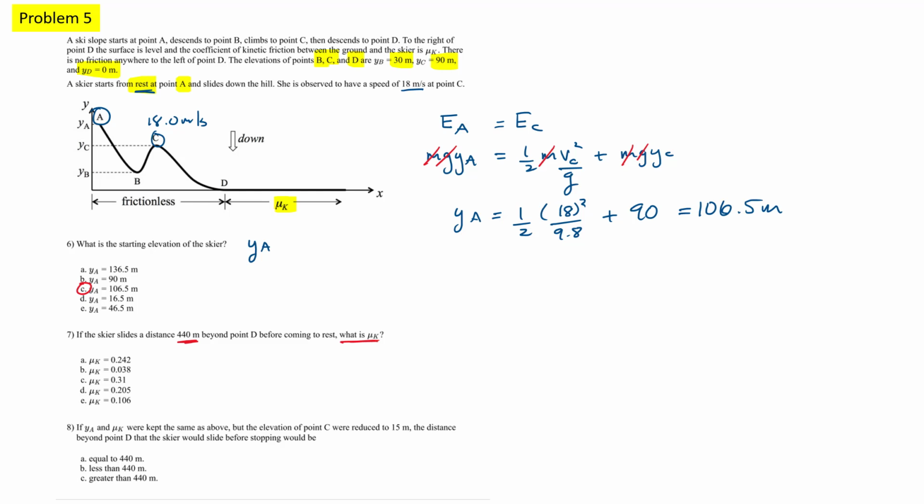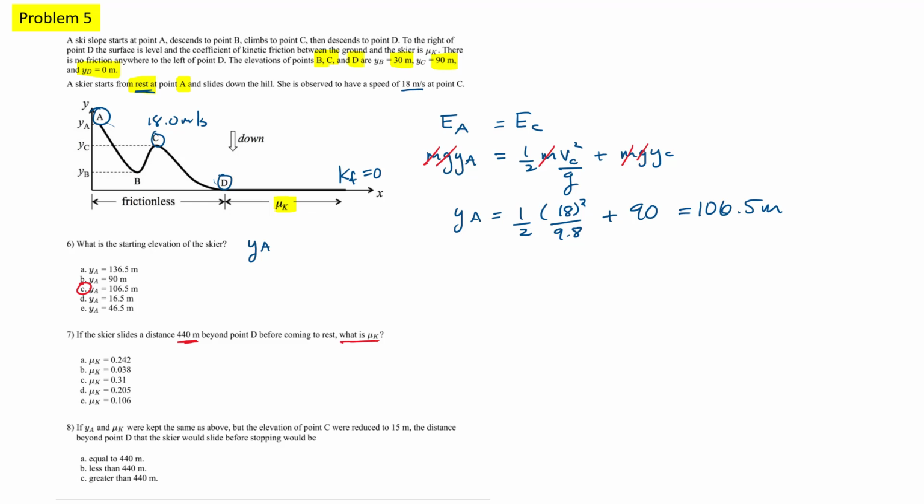We know that K final equals 0. The total energy is the same everywhere, so it doesn't matter whether you consider point A, C, or D. We're going to lose all of that energy to energy loss due to friction.